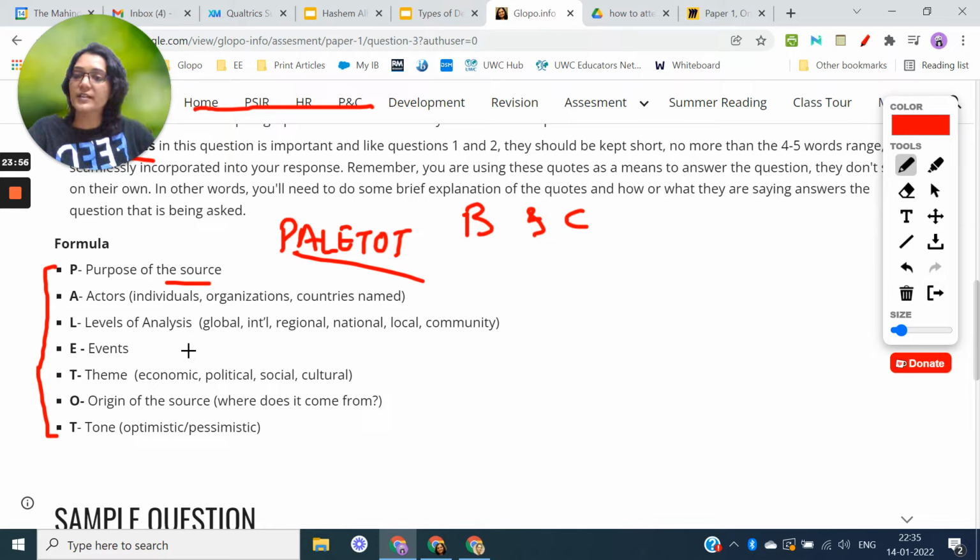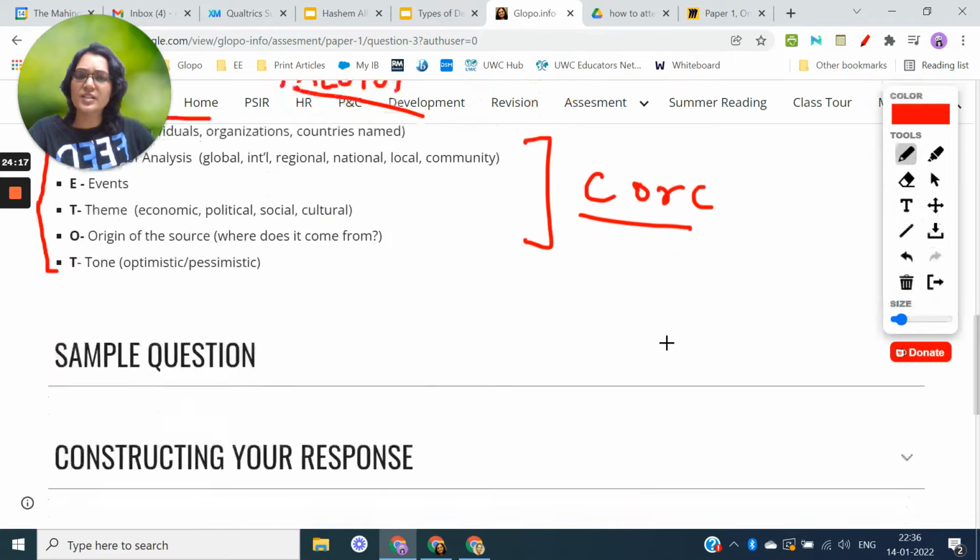Non-state actors, state actors. L, levels of analysis. What levels of analysis are given over there? Events, theme, economic, political, social, cultural. O, origin of the source. And T, tone, whether this is optimistic or pessimistic. So this can be a great way to compare or contrast your two sources. Fair enough, this sounds good.